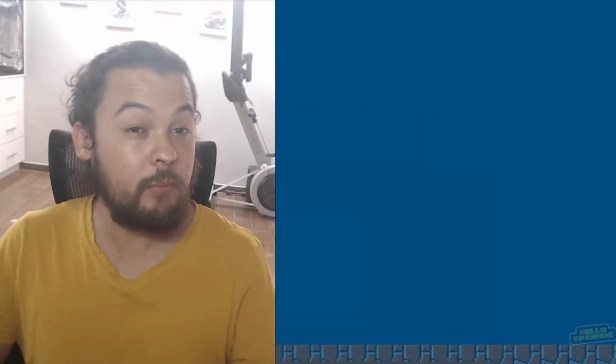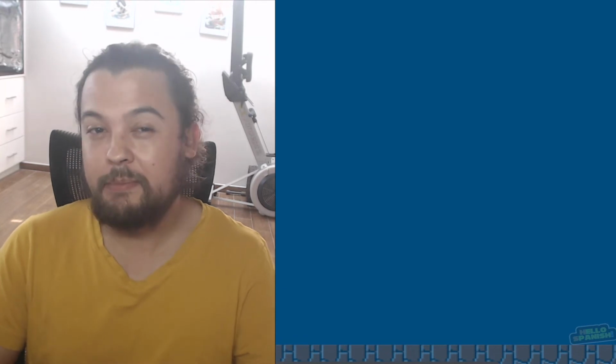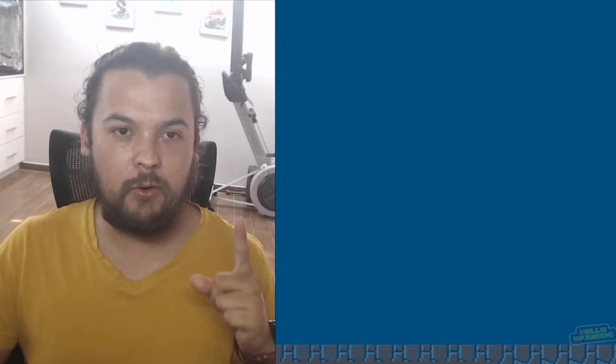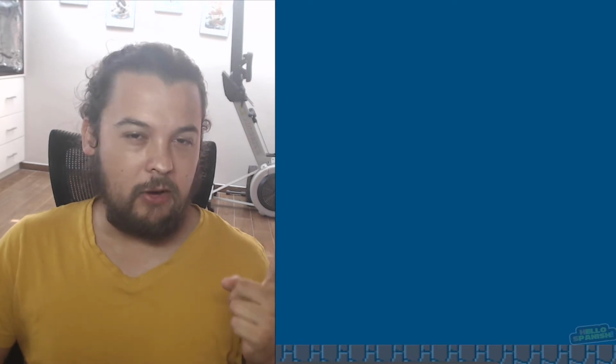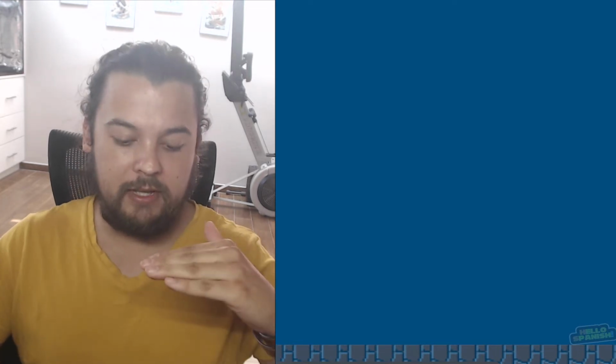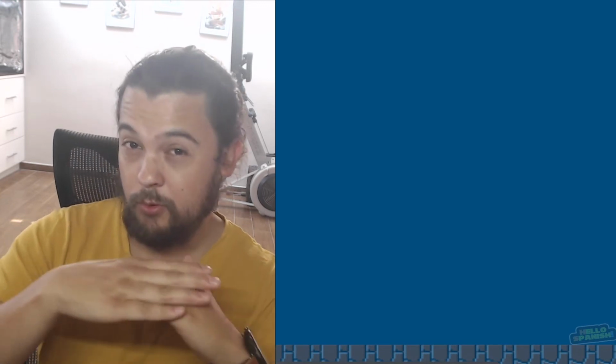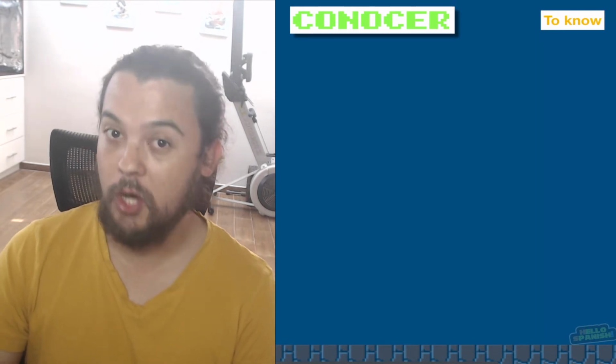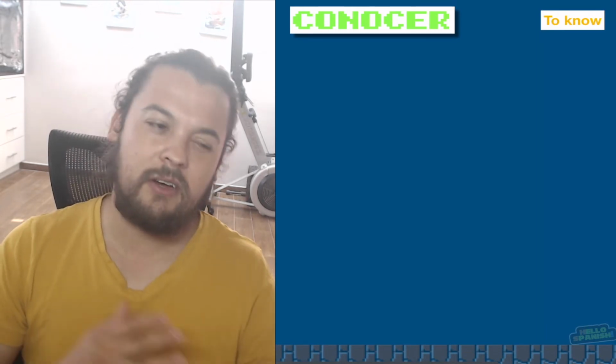World 1.3 is a little bit special because it's actually two rules for one world. Here is kind of a rule that is on top of another rule. Let's show you how they look. The verb that we're going to be using here is conocer. It's a verb that you need to know because it means to know.